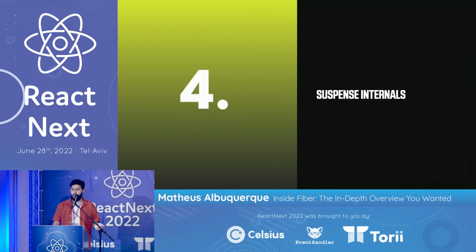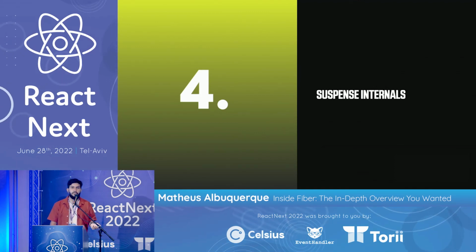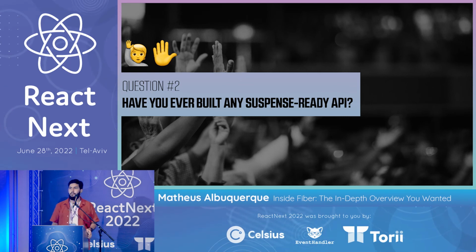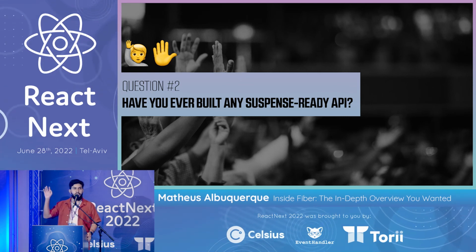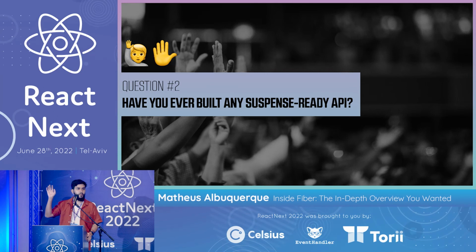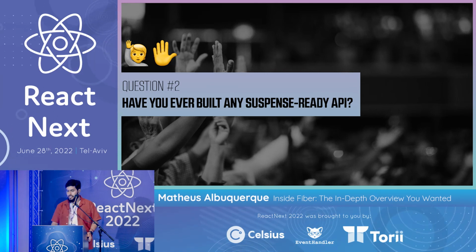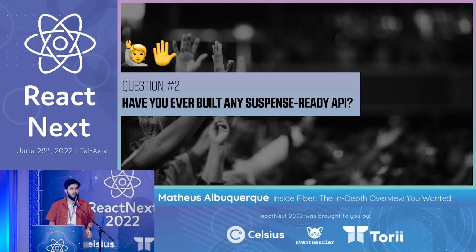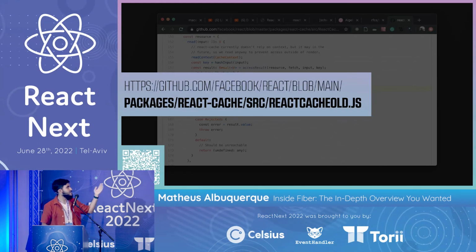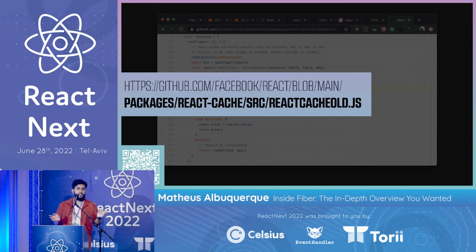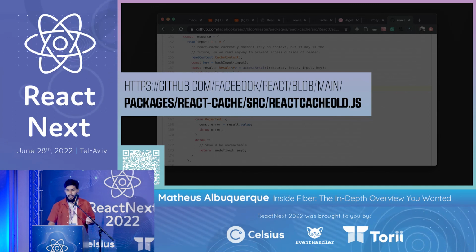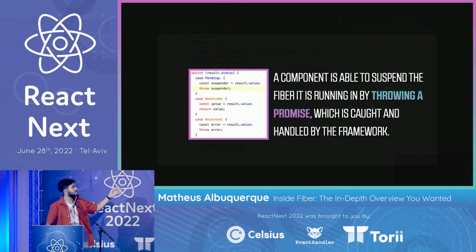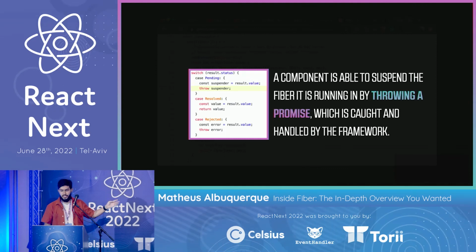And my favorite part is in Suspense internals. So who here has ever built any API that is Suspense ready? Okay, cool. For those who haven't, I would recommend you check one out, like React Cache, but it could actually be anything that is Suspense ready. And you'll find something like this: you throw promises.